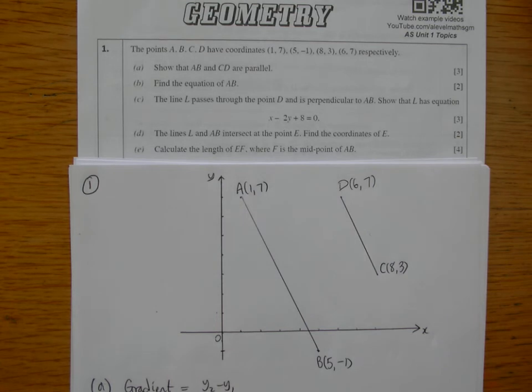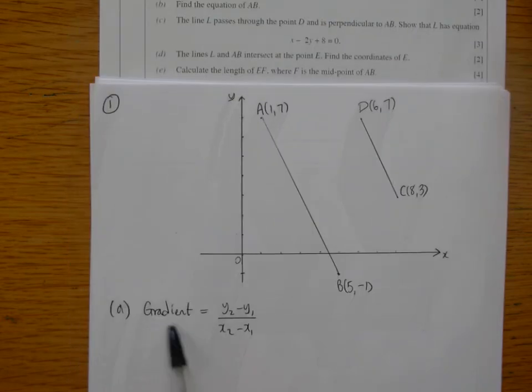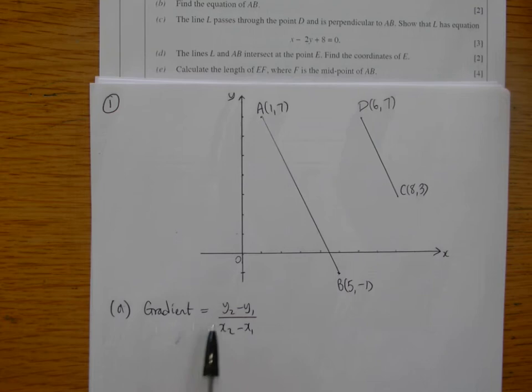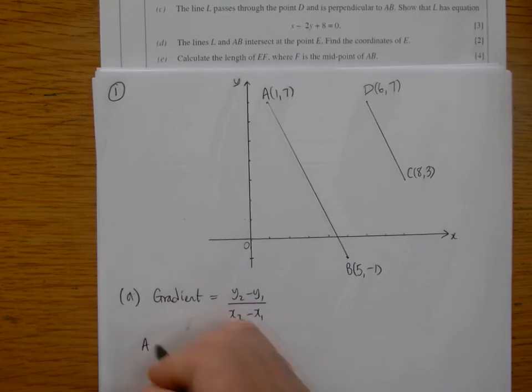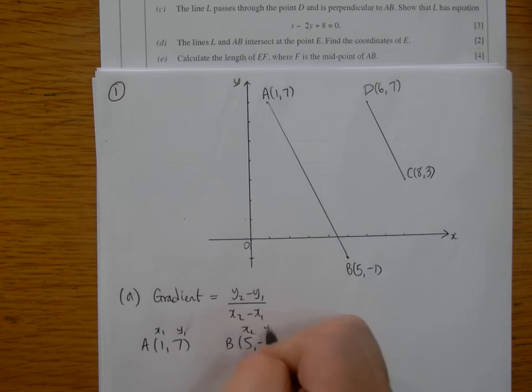So to show they're parallel, remember, we need to use this formula here to look at what the gradient is for each of them. So if I consider, to start with, AB, A is (1, 7) and B is (5, -1). Now it doesn't matter what you call your first coordinate. You could call this your first coordinate, x1, y1, and that's your second coordinate, x2, y2.